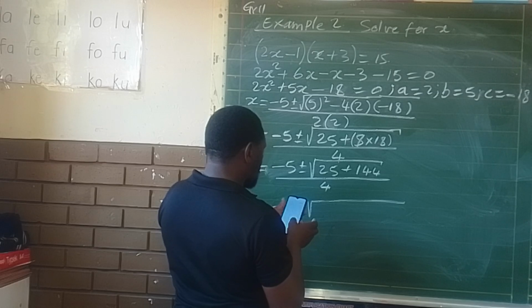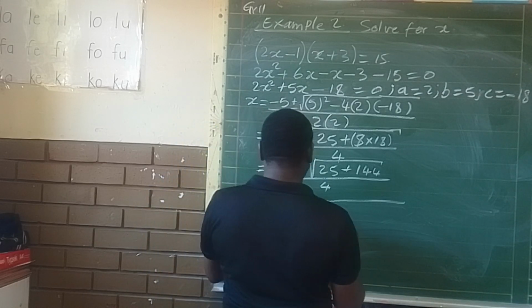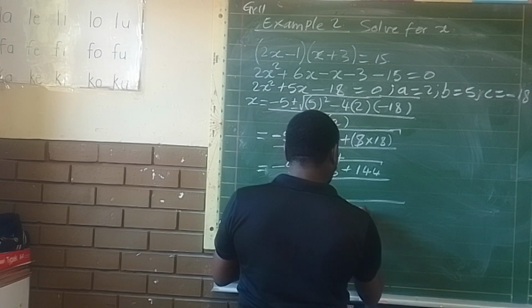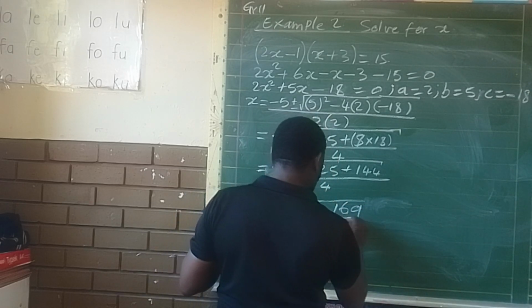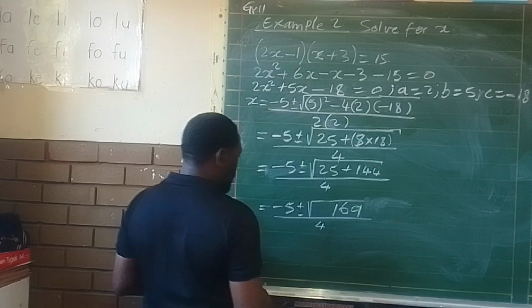144 plus 25 is 169. 169 divide that by 4.